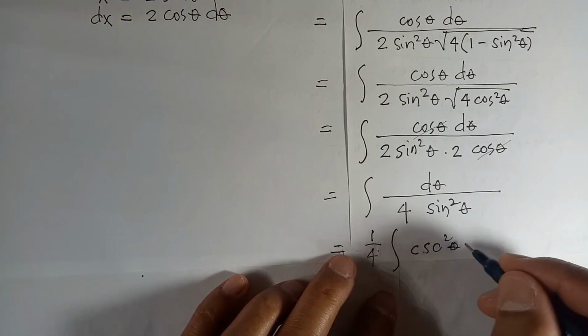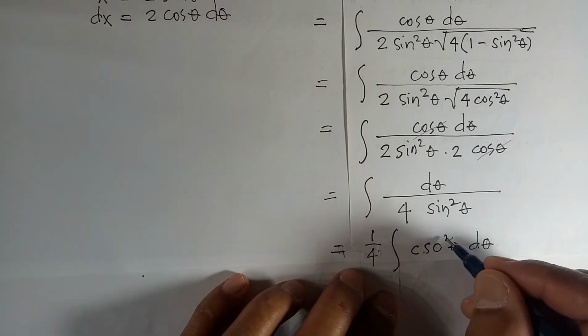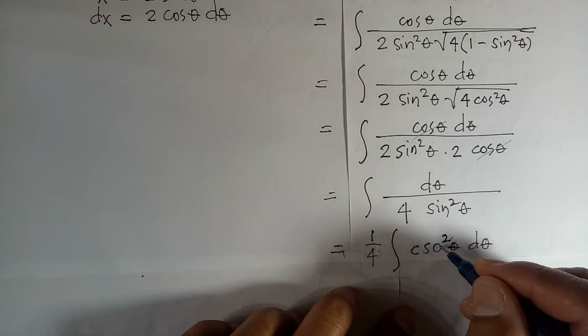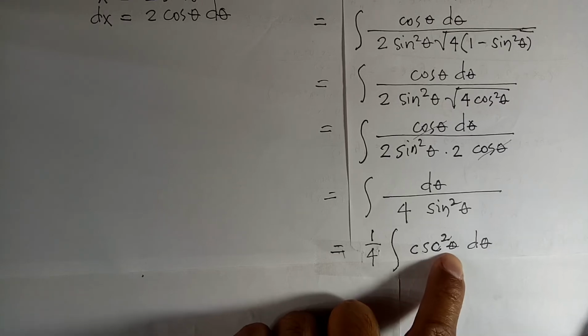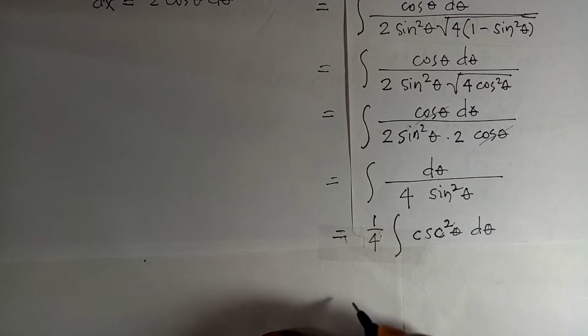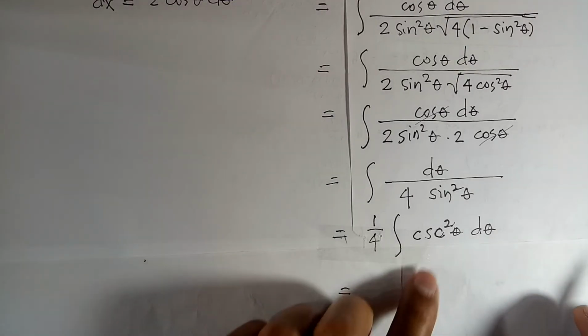Cosecant squared theta d theta. Okay. So, itong integral of cosecant squared theta d theta ay readily integrable na siya. At ang integral niya ay negative cotangent of theta.